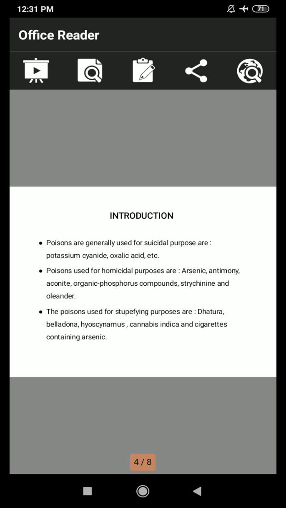The poisons used for homicidal purpose are arsenic, antimony, aconite, organophosphorus compounds, strychnine and oleander. And last, the poisons used for stupefying purpose are dhatura, belladonna, hyoscyamus, cannabis indica, and cigarettes containing arsenic. These are the introductory part.